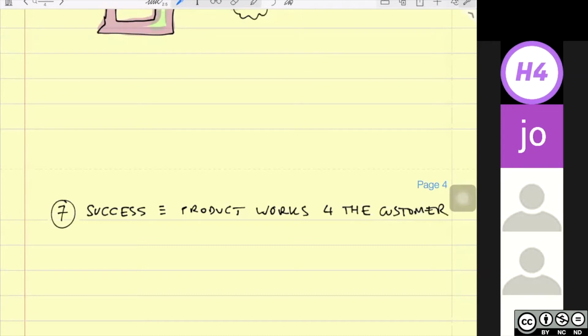So a final working product is the measure for success.